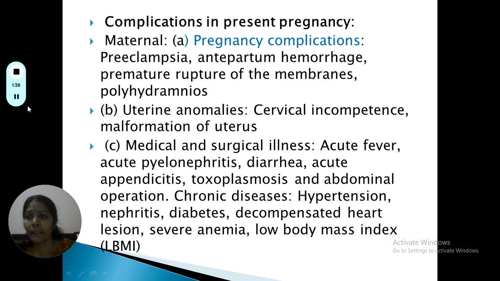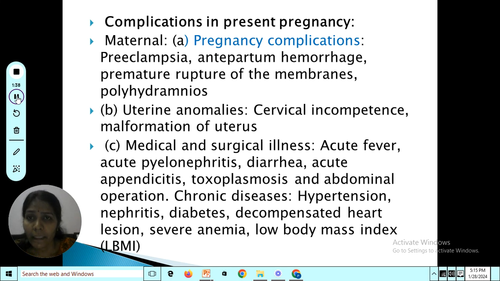So what are the complications in the pregnancy? The maternal complications in the pregnancy that can lead to preterm labor are preeclampsia, antepartum hemorrhage, premature rupture of membranes, and polyhydramnios. Preeclampsia can be an iatrogenic cause. If it is a severe preeclampsia, we need to deliver the woman, that will be an iatrogenic preterm. Antepartum hemorrhage, either abruptio placenta or placenta previa, where we need to deliver the patient in case of fetal-maternal compromise.